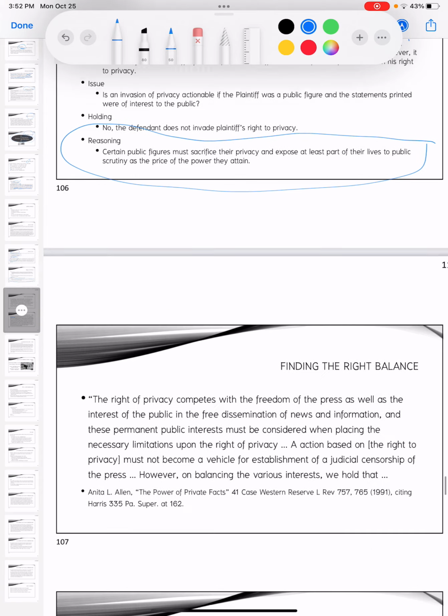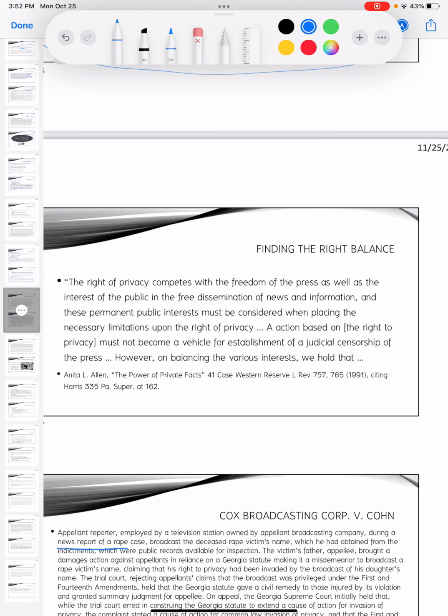So this case could be an example of a scenario when these two interests are conflicting with each other. Okay? Finding the right balance is challenging.